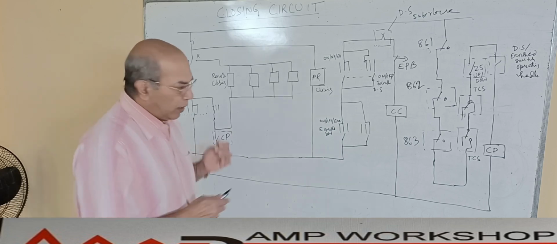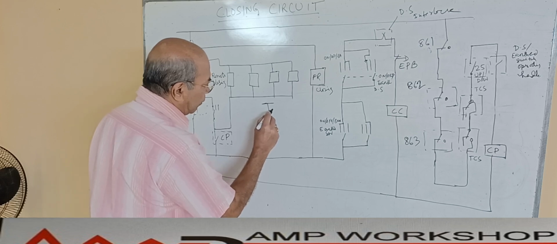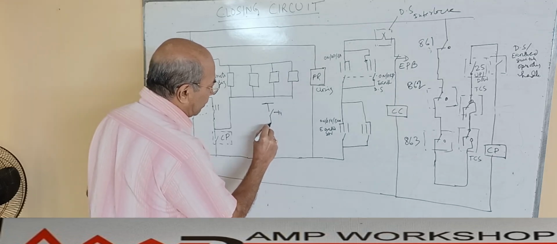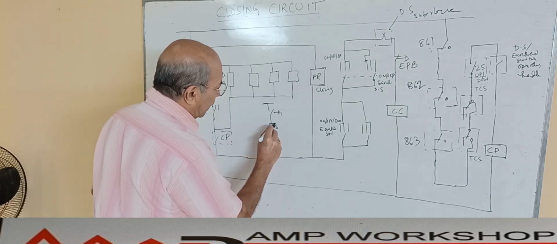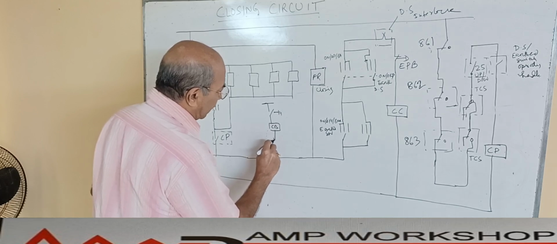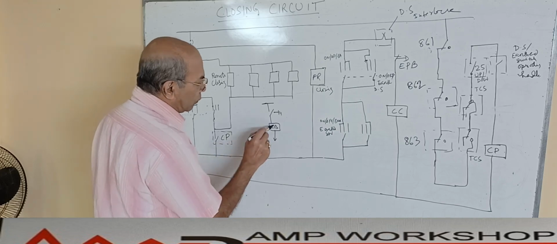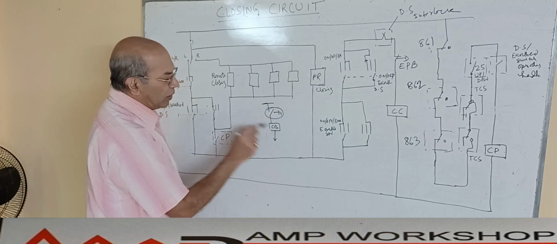If this is the bus bar, then there will be an isolator on the input side which has a provision for earthing, then we have the circuit breaker, CB, and then the power goes further downward to the other nodes.